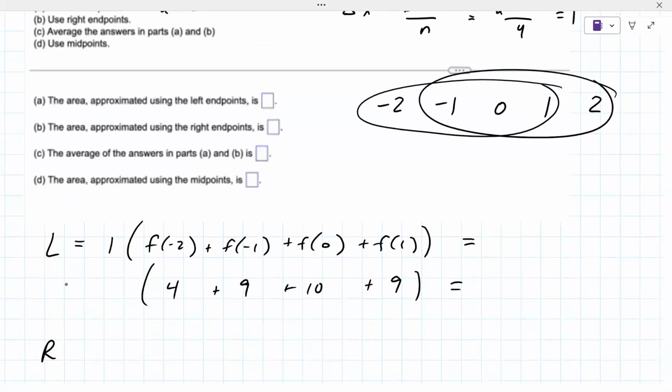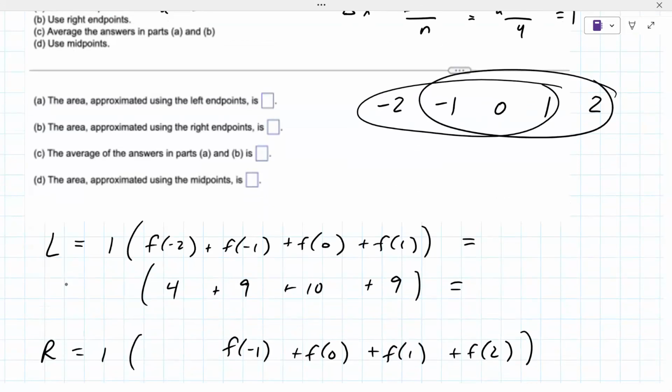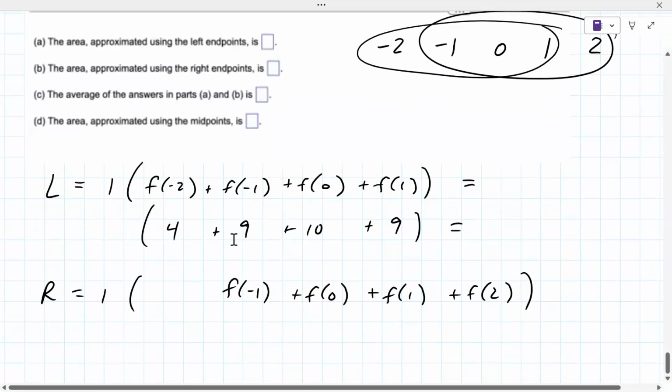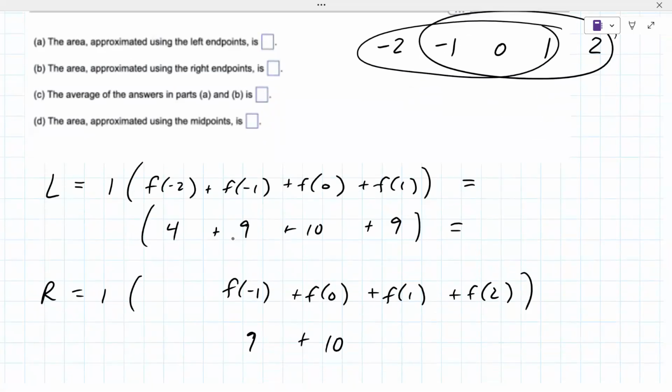For the right, it's very similar: f of negative 1 plus f of 0 plus f of 1 plus f of 2. It ends up being the same because this thing is symmetric. So that's 9 plus 10 plus 9 plus 4.